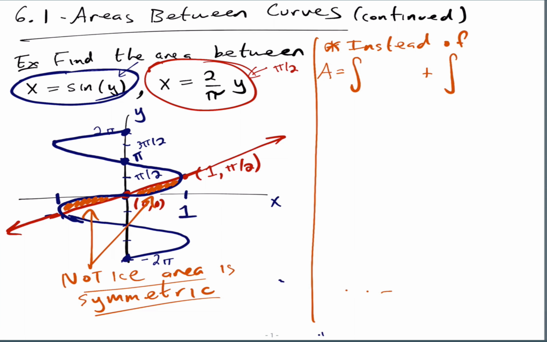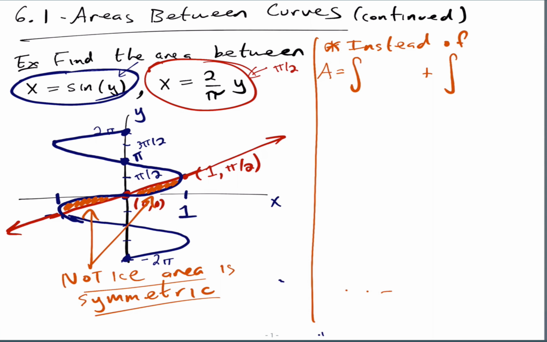So you'll notice this happening more and more. We need to decide if we want to integrate with respect to x or with respect to y. If your functions are given as functions of y, it's almost guaranteed that you're going to be integrating with respect to y. It rarely will be easier to switch.